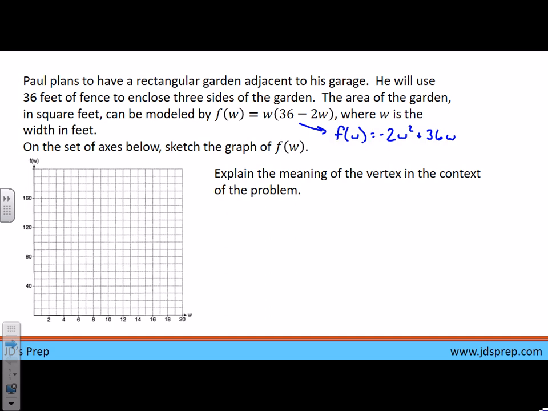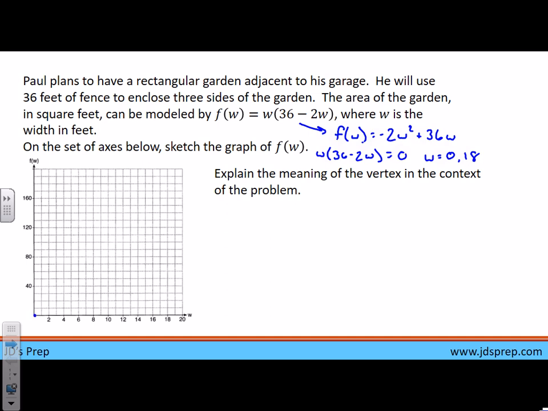I'm going to find the x-intercepts by saying that w times 36 minus 2w is equal to 0, which, using the zero product property, I can find that either w is equal to 0 or 36 minus 2w equals 0, which means w would be 18.